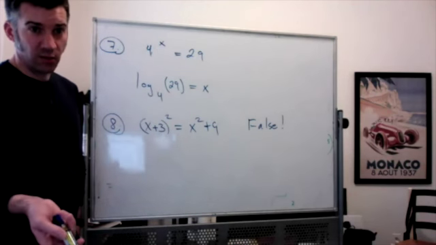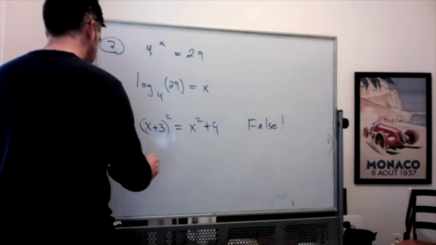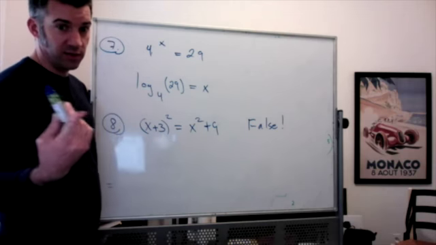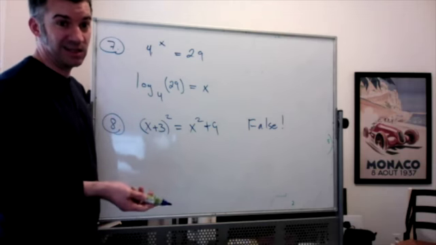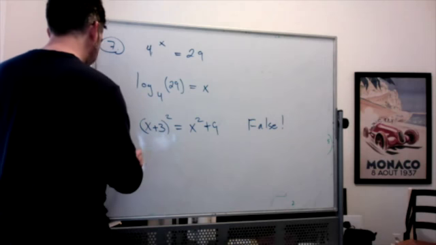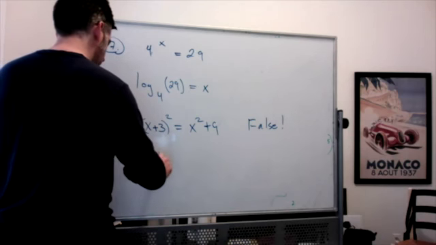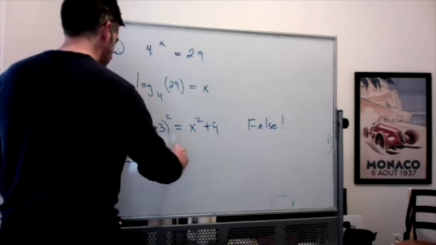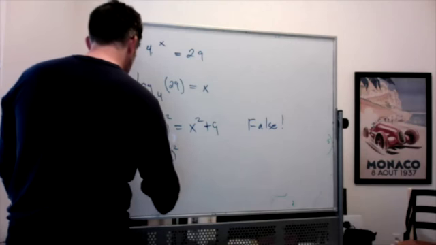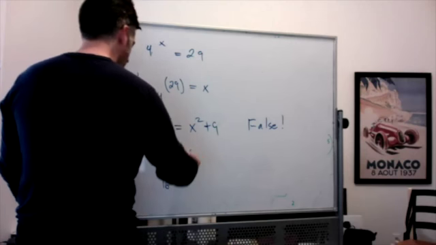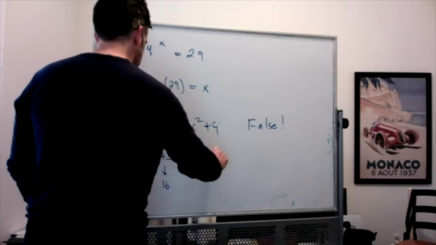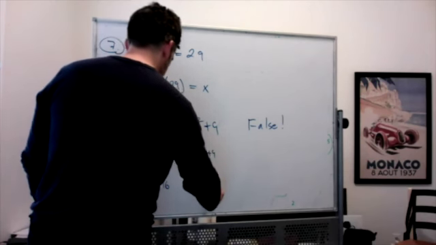You don't need to say anything more, but if you did want to say more, you could say it's false because we'll pick any number for x that isn't 0. Like say, what if x was 1? 1 plus 3 squared is 4 squared, which is 16. 1 squared plus 9 is 1 plus 9, which is 10.